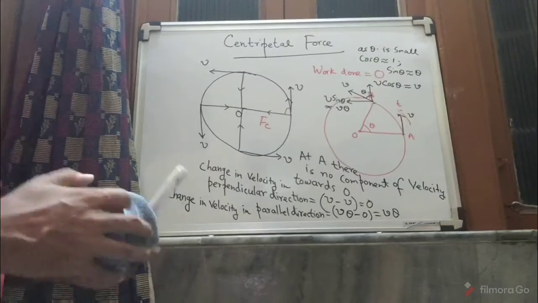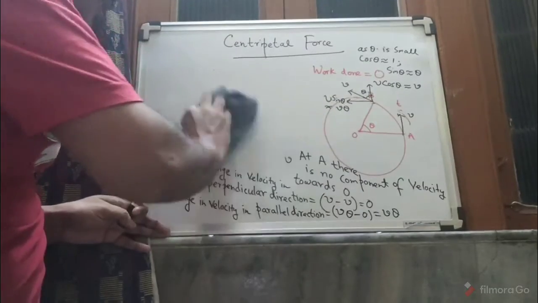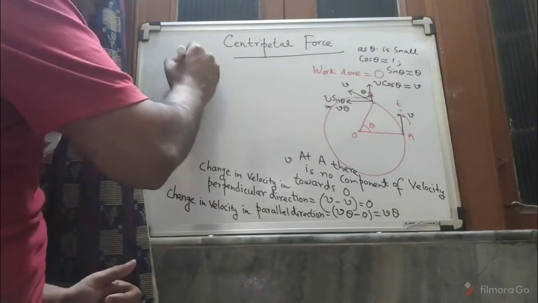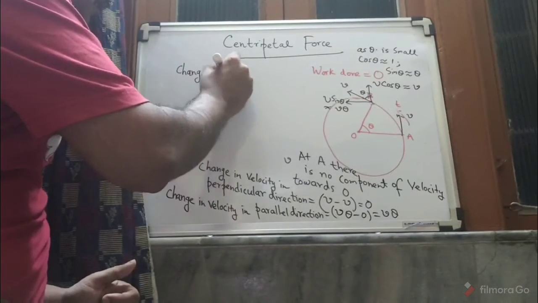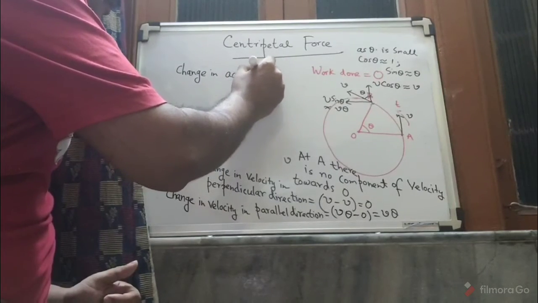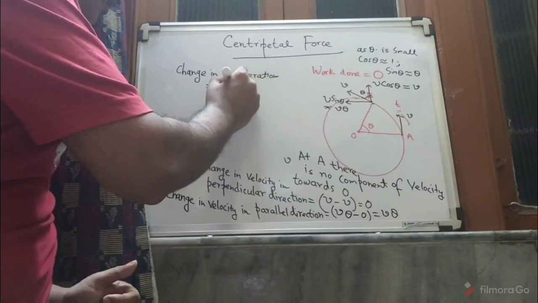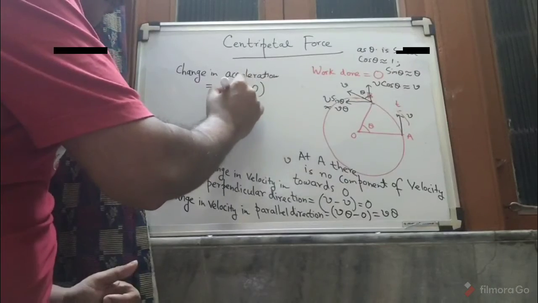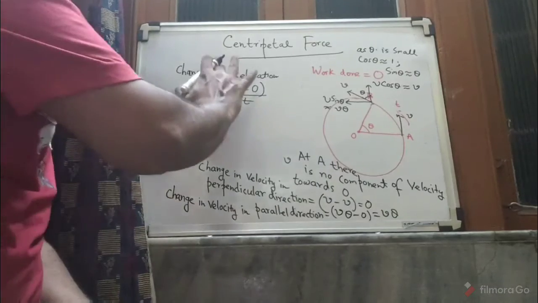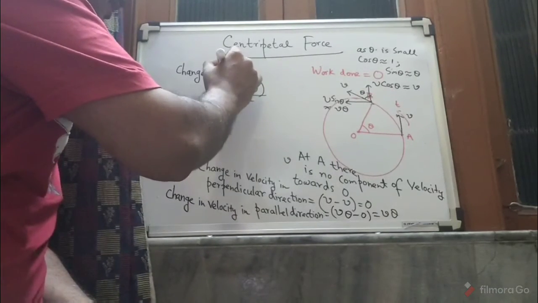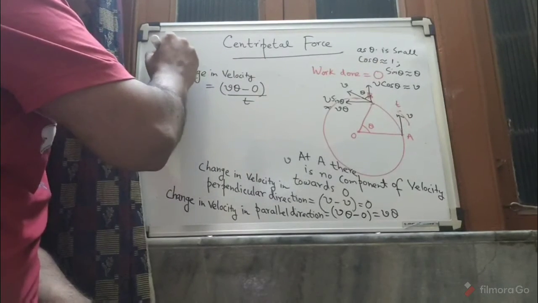So what will be the acceleration in this direction? The acceleration, the rate of change of velocity, is equal to v theta minus 0 divided by t.